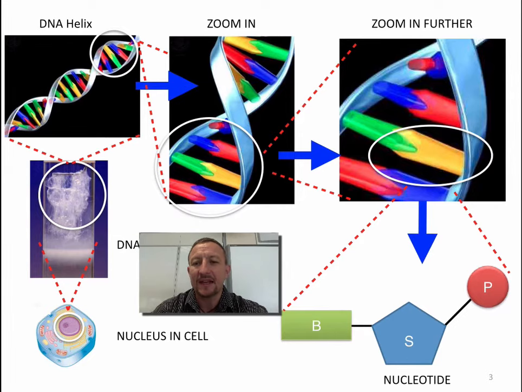When we look at the DNA in a little bit more detail, we see that it's a double strand which is twisted, and it's held together by the bases in the middle of the ladder. The rungs of the ladder are made up of two nucleotide groups joined by the bases, and the nucleotide is made up of a base with a sugar and a phosphate.